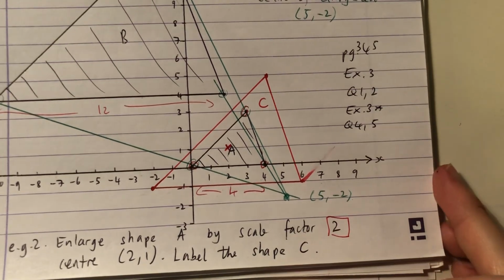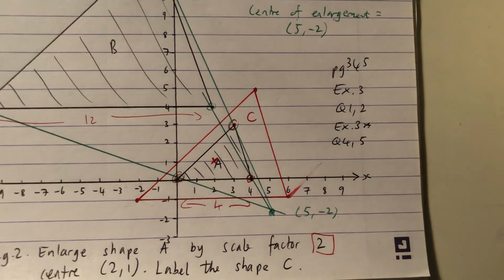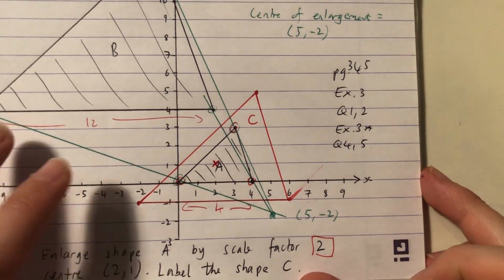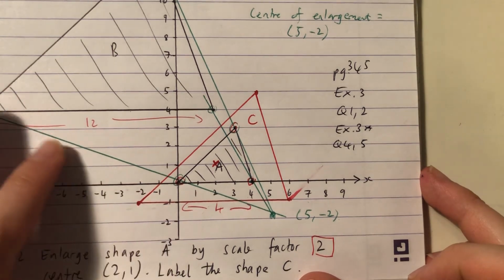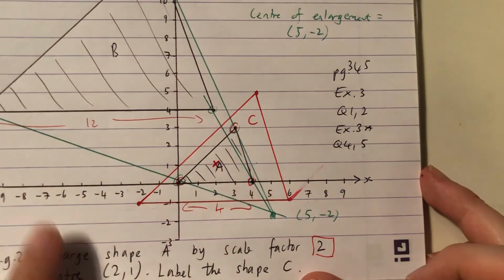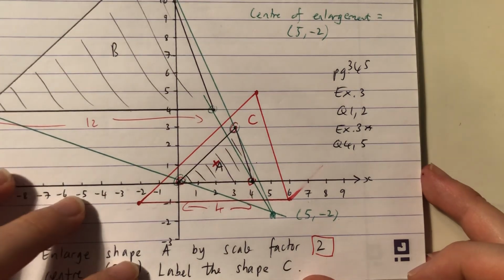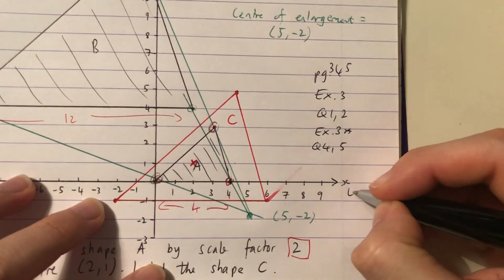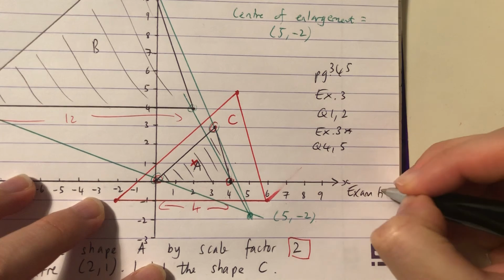Now there's not many exam tips I can give you for this one apart from potentially annotating the diagram. So always label in the centre and always label in these straight lines to check if everything goes through the centre of enlargement. Okay, so maybe a quick exam tip squeezed in there.